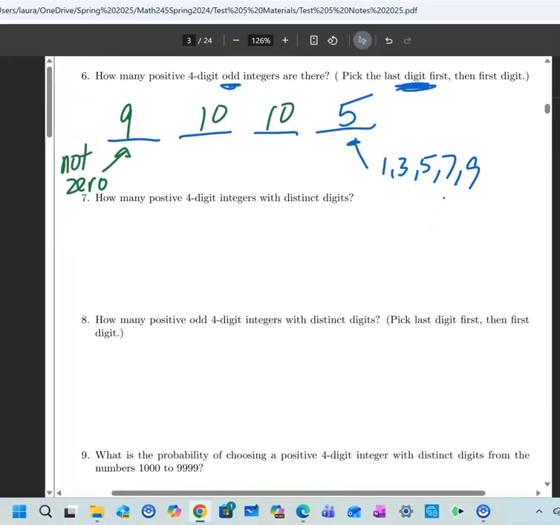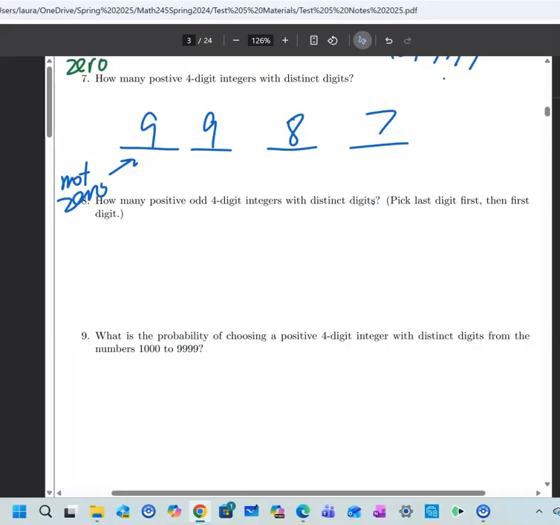Okay, so here we go with the distinct digits. Adding a little bit, it doesn't say odd, it just says how many. So the first digit is the one that has the most criteria, and that's not 0. So that's 9 choices. I can't use what I used here for here, so that'd be 9 and 8 and 7. Now I've got all the things, odd and distinct digits.